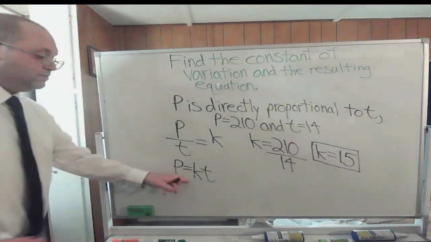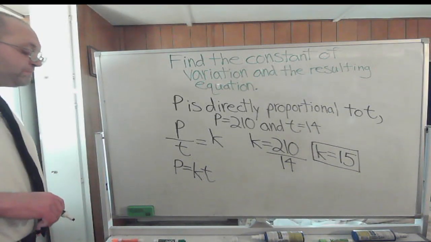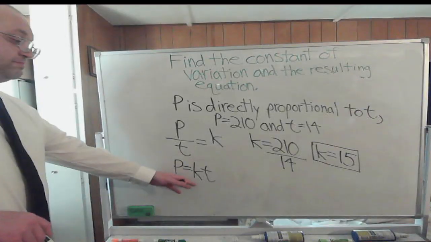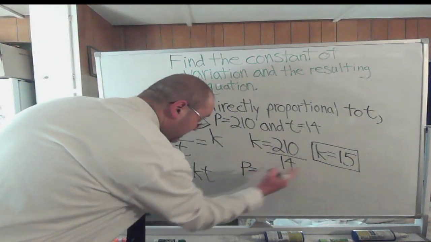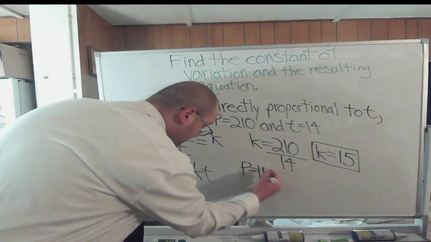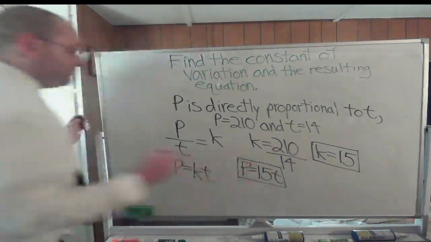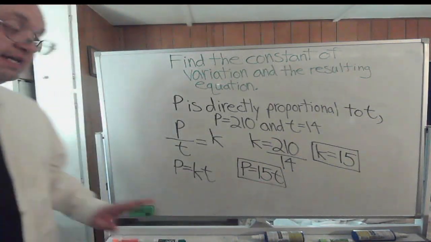So P equals KT. Now, all we have to do to find the equation is put in the constant of variation. You'll get P equals that constant of 15 times T. Therefore, the new equation you get is P equals 15T.